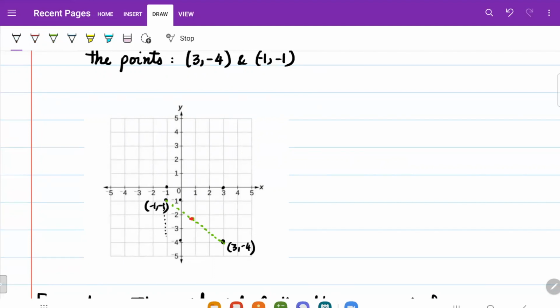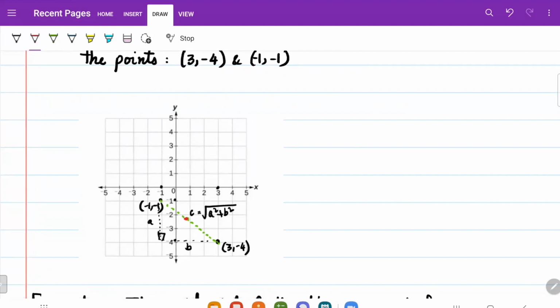You can find the distance in two different ways. You can either do it using the Pythagoras theorem, where this is your A and B, and you find C, which is square root of A squared plus B squared, or you can just use the distance formula. Here I'll be using the distance formula. Let me write down my points again. We have x1 comma y1 is 3 comma minus 4, and x2 comma y2 is minus 1 comma minus 1.